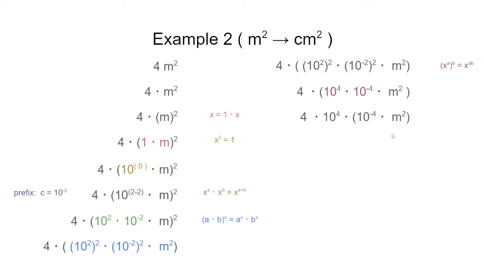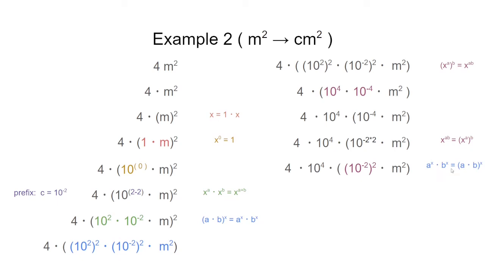Then we will factor the exponent minus 4 into minus 2 times 2. And we will use rule number 5 again to write 10 to the power minus 2 times 2 as 10 to the power minus 2 to the power of 2.